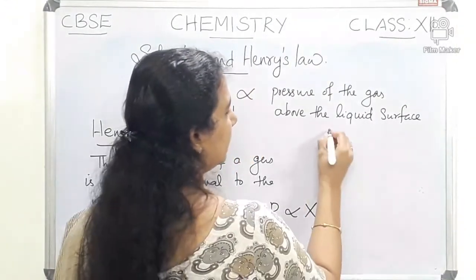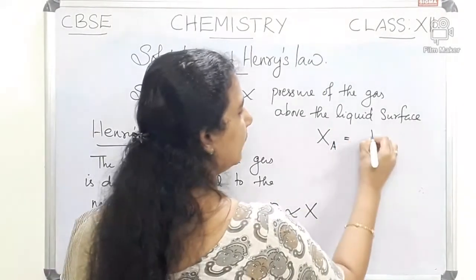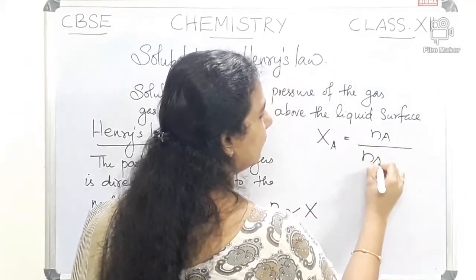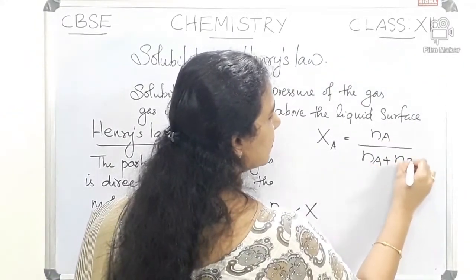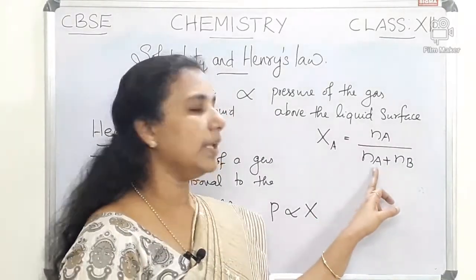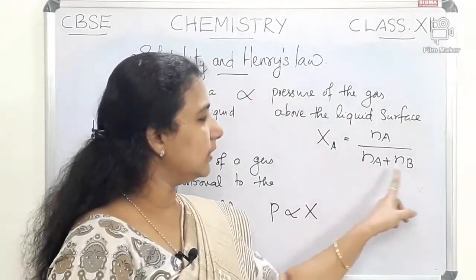So the mole fraction of a component A, Xa, is equal to, we know, the number of moles of A divided by the number of moles of A plus the number of moles of B. For a binary solution, there are two components. One is component A and the other is component B. One is solute and the other is solvent.